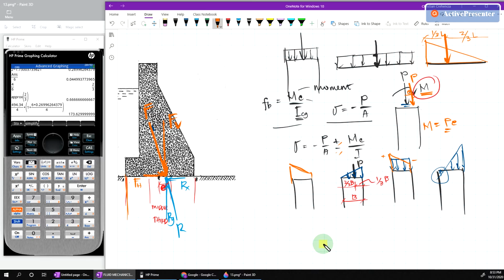So, if yung resultant force natin falls within the middle third, okay? So, yung pressure diagram natin is magiging ganito. Okay, so trapezoidal. So, kung saan mas malapit yung force, yung resultant, so doon mas malaki yung soil pressure. So, meron tayong maximum and of course, meron tayong minimum.